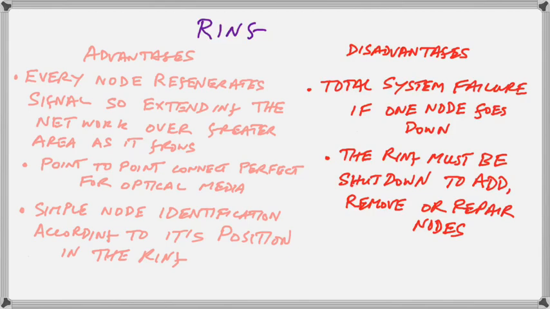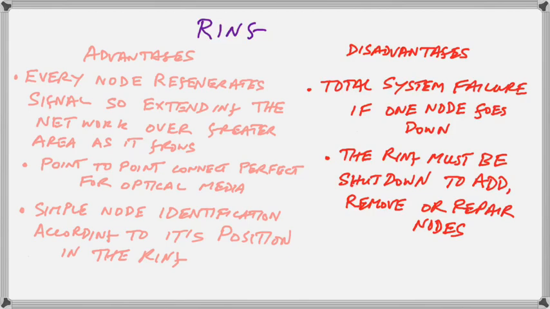Point-to-point connection is perfect for optical media because each node is connected to the next by only one point-to-point connection. And because it's arranged in order, it's very easy to find the identification of any particular node in the ring, so we don't have to have complex addressing schemes to address the individual nodes.